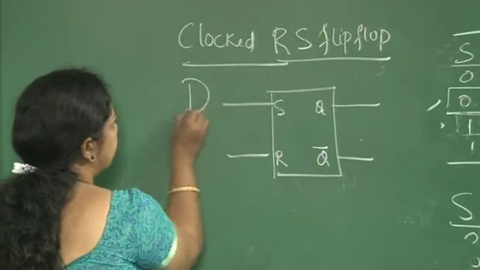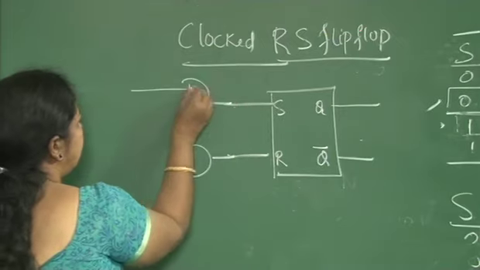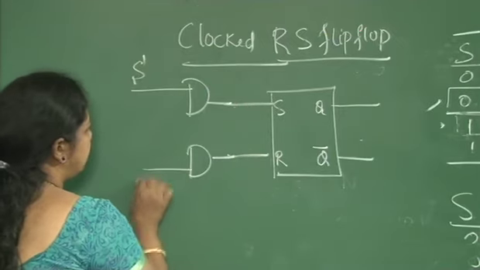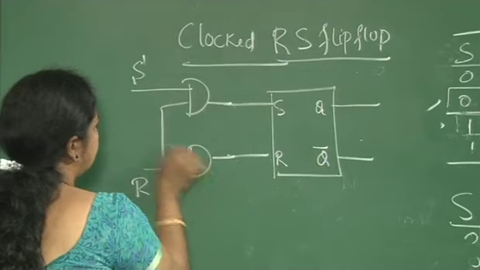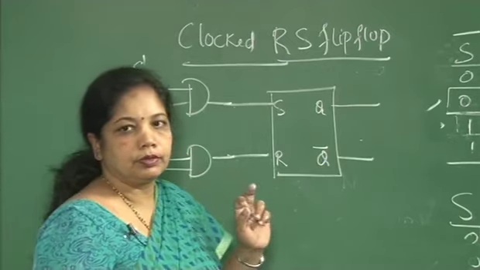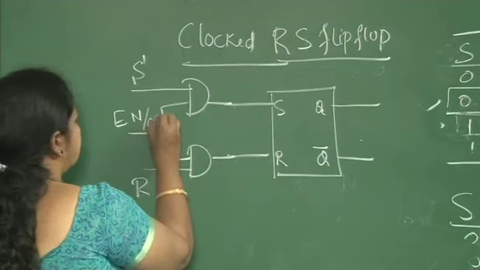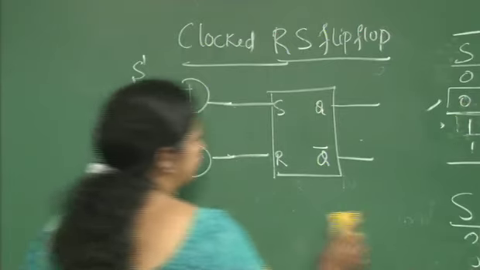So we have an AND gate. Then I am going to give the inputs S and R along with an additional signal, enable. So either I can give enable or clock over here.